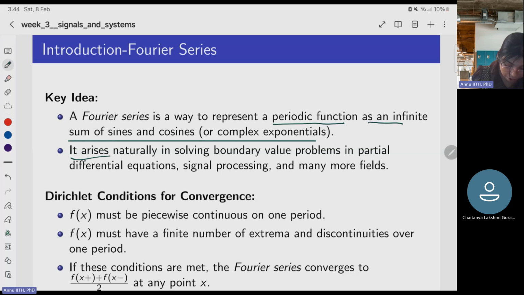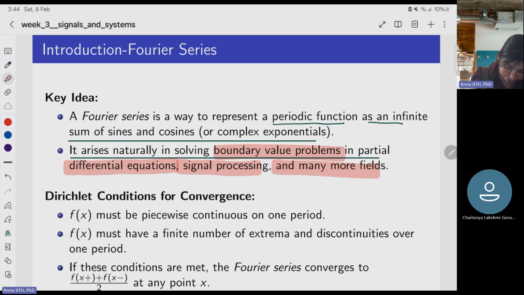It arises naturally in solving boundary value problems in partial differential equations and signal processing. So remember, it's helpful in solving boundary value problems, differential equations, and signal processing.